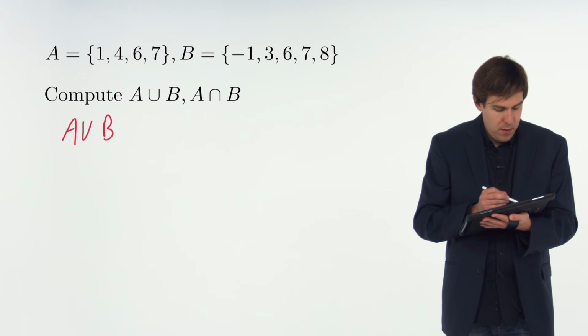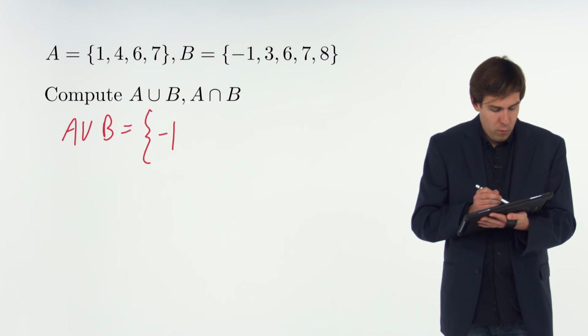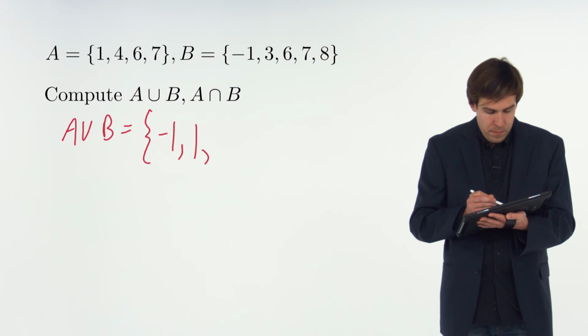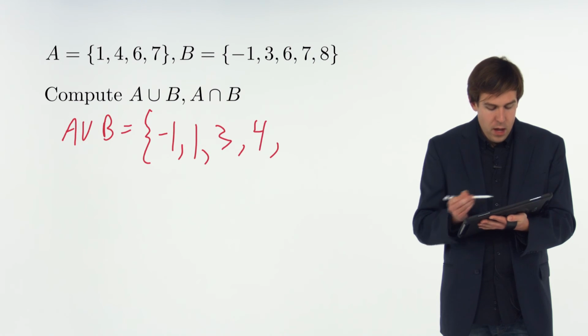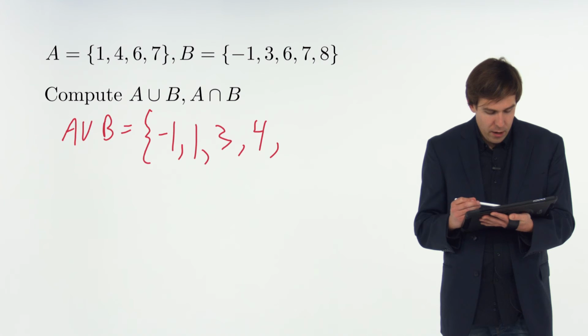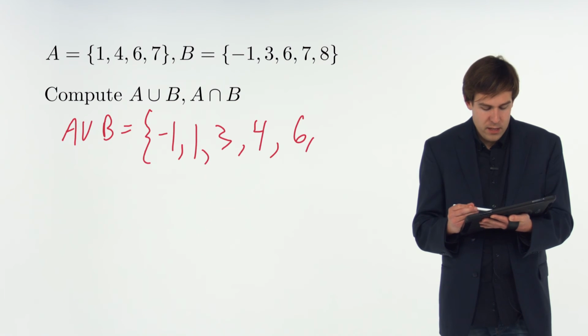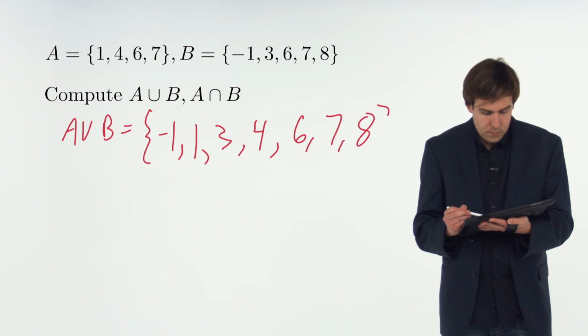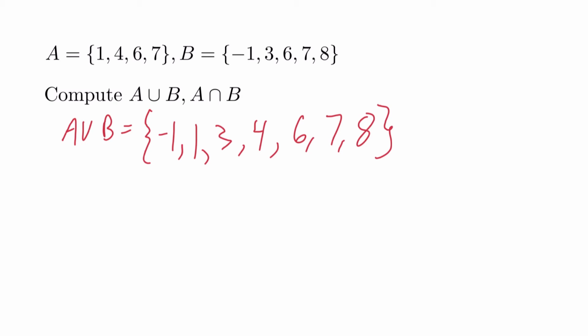So A union B will be -1, 1, 3, 4. I don't count 6 twice. I count it just once. And I also count 7 just once. So that's the union. And then the intersection are the things that are in common to both. So what's in both? Well, the number 6 is in both, and the number 7 is in both. And that's it. This is just a warm-up example for us.